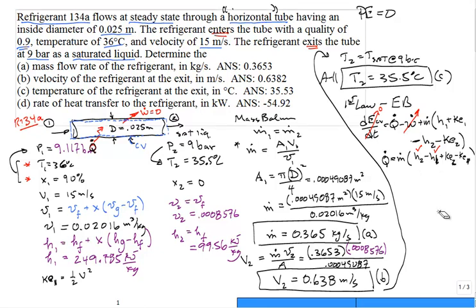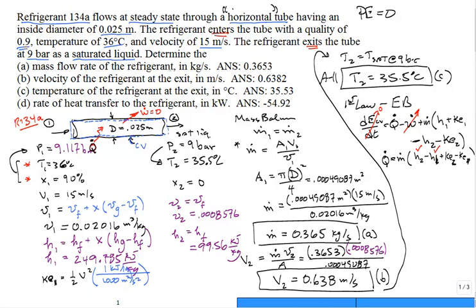So we would convert that to kilojoules per kilogram by using a unit conversion factor. That 1,000 meters squared per second squared is precisely 1 kilojoule per kilogram. It's like you divide it by 1,000.